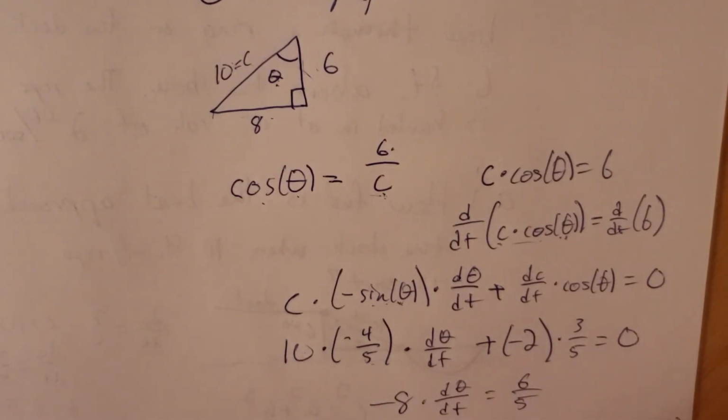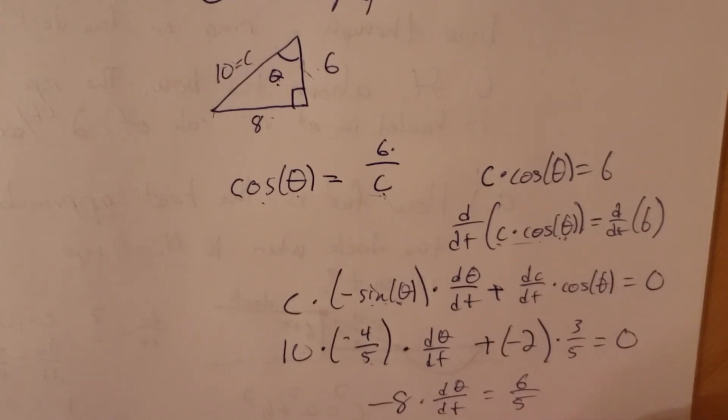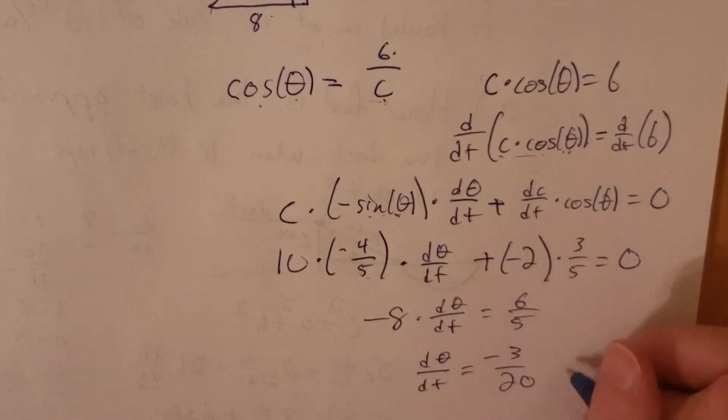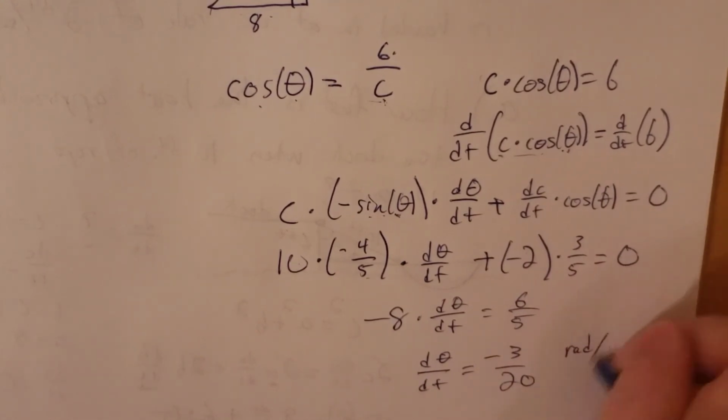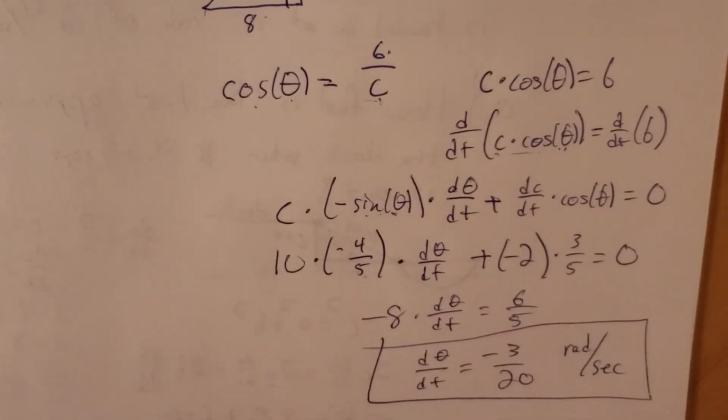Divide by negative 4/5, and we end up with d theta/dt equals negative 6 over 4, which reduces to negative 3 over 2. Oh, sorry. That is negative 3 over 20 radians per second. And we are done.